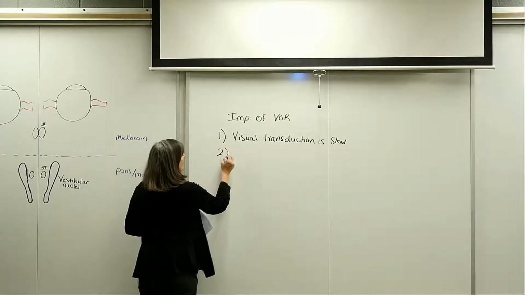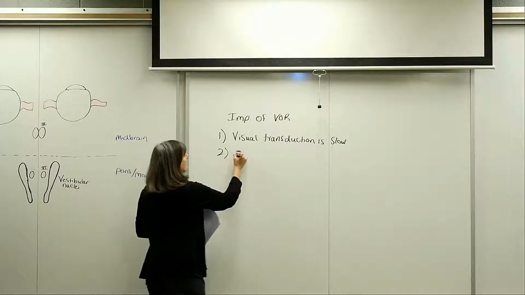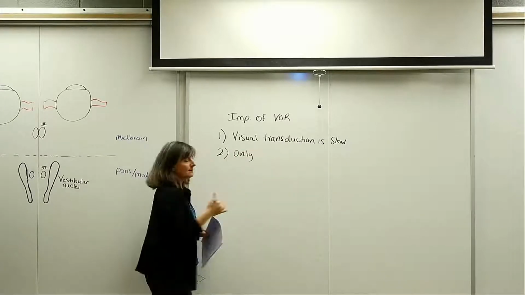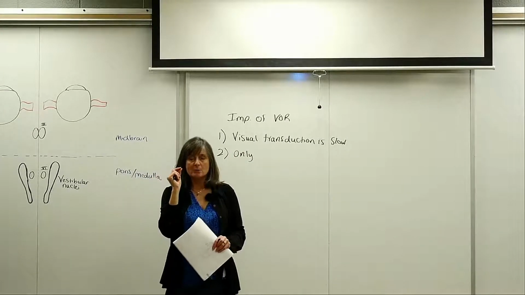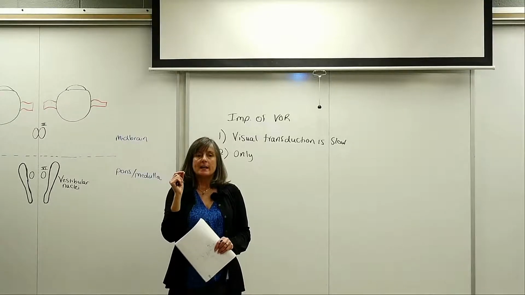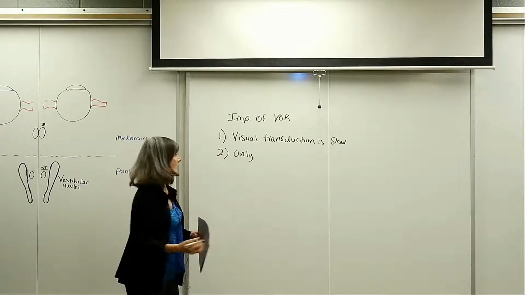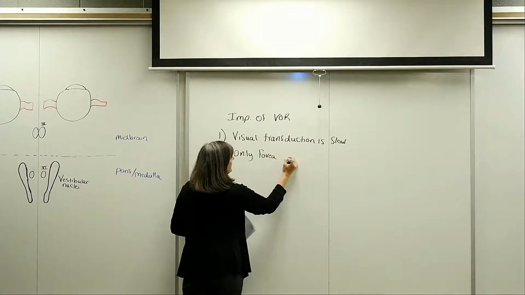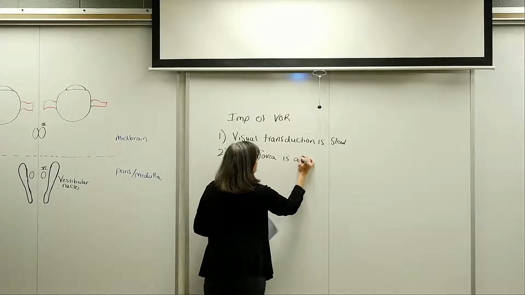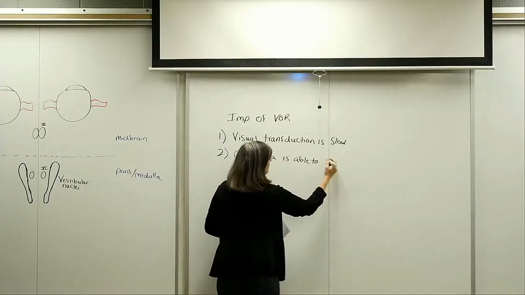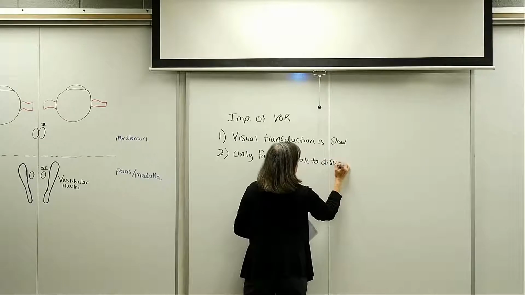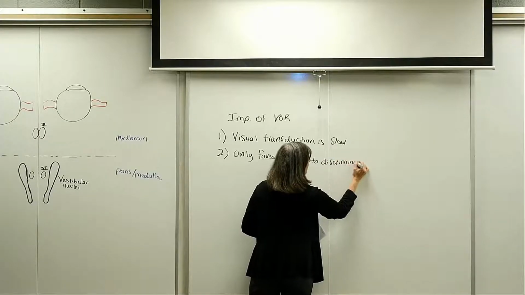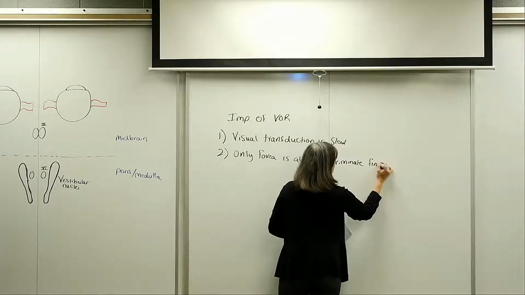Another thing that's important is that there's only a small part of our retina, which is where our photoreceptors are, that is able to discriminate fine detail in a visual object. This is called the fovea. Only the fovea is able to discriminate fine detail.